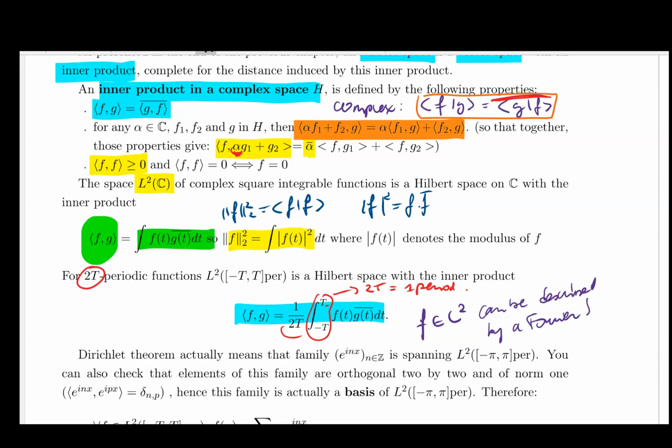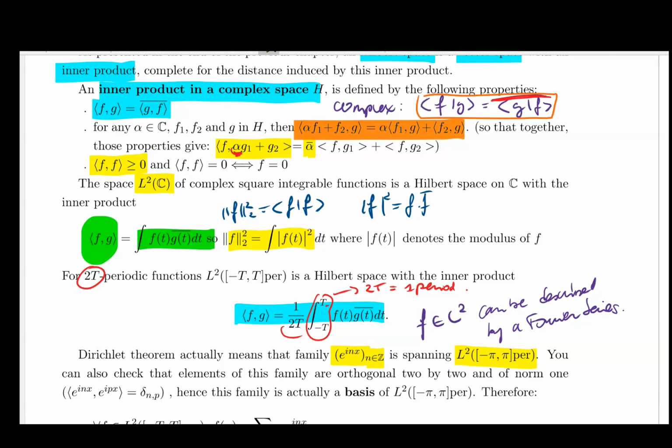Let's call Fourier series anything that is either a trigonometric series or the series with the complex exponential. In other words, if you relate that to what we learned last year in general algebra, that means that the family of functions e^(inx) for n in Z is a spanning family for functions that are 2π periodic, and in L2.